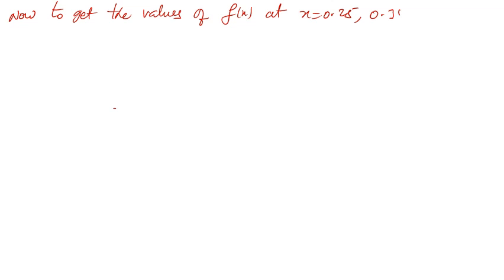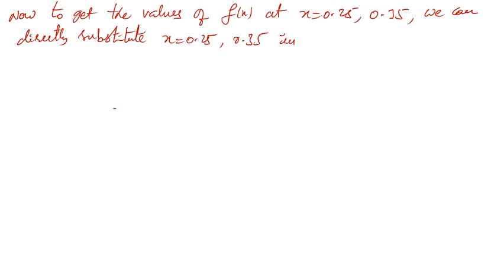Now to get the values of f of x or p of x at x equal to 0.25, 0.35, we can directly substitute x equal to 0.25, 0.35 in the interpolating polynomial.